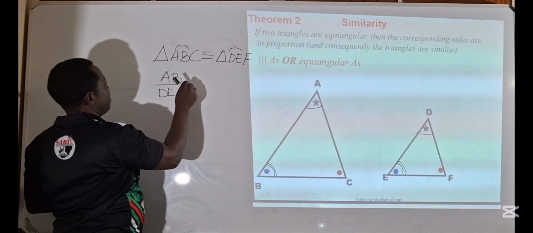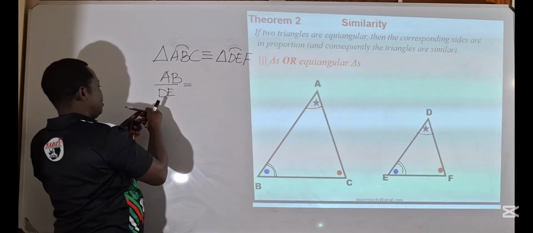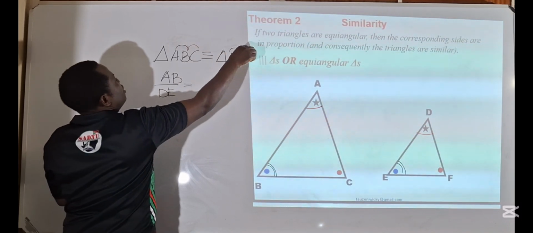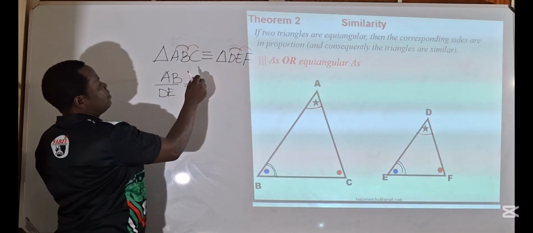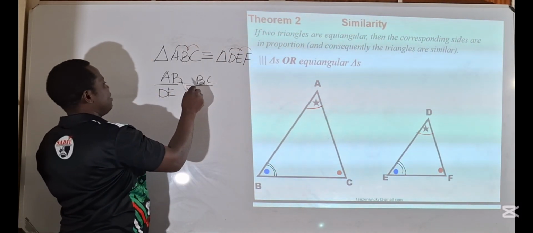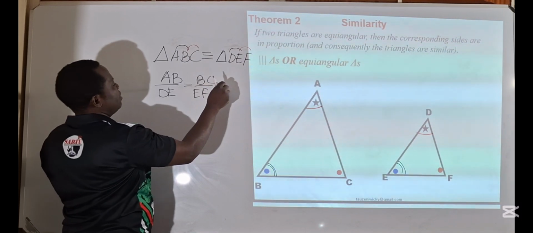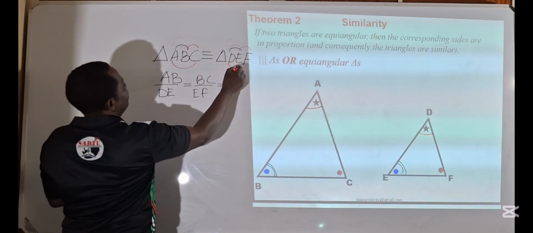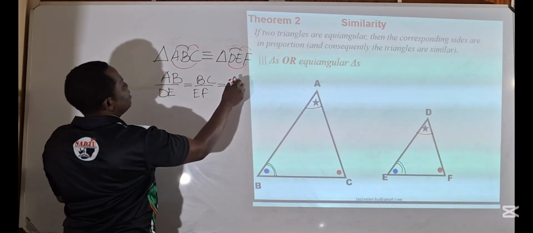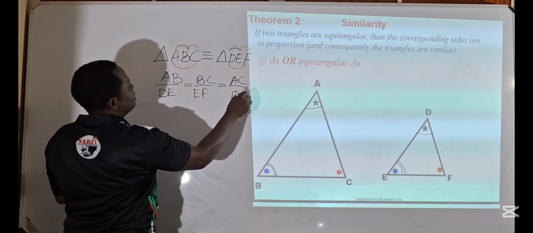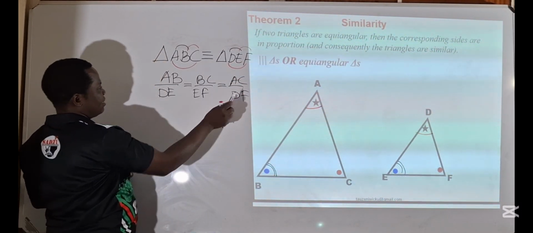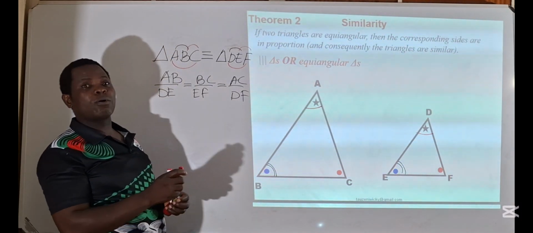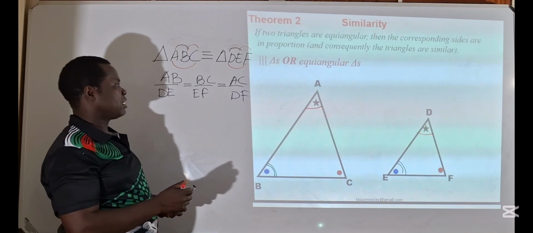Then the second one to the third one, that's BC, over the second one to the third one, which is EF. Then the outside ones, A to C and D to F, AC divided by DF. These fractions are always equal to each other. That is the concept of similar triangles.